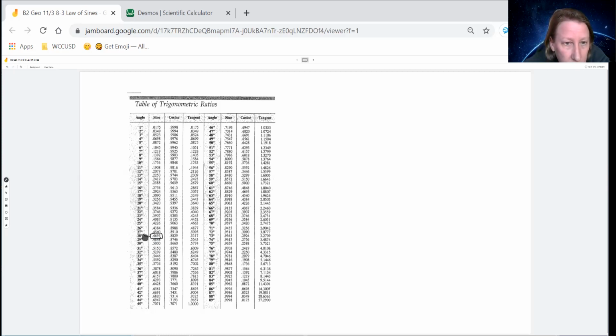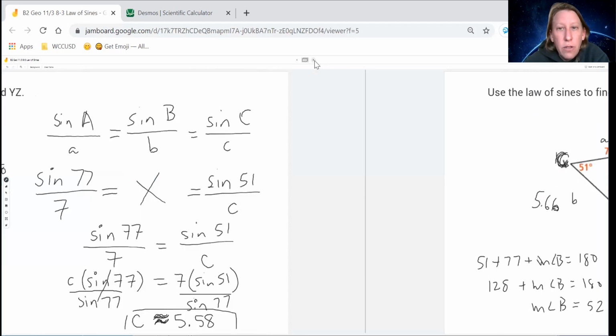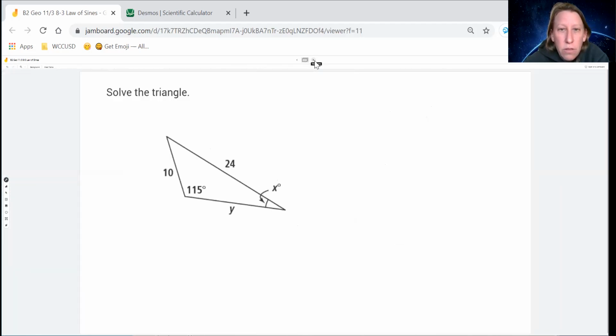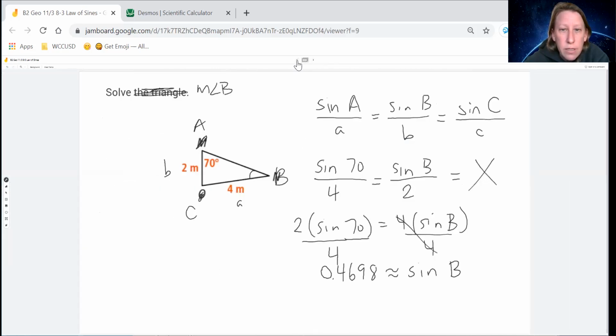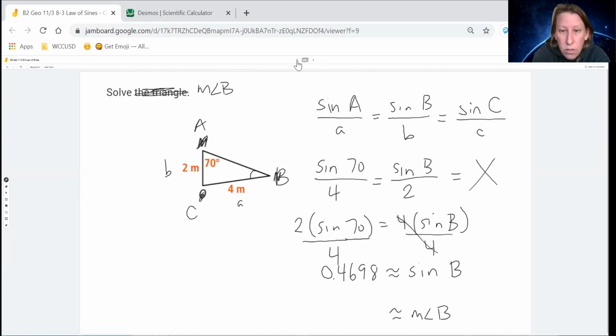This angle. So if you can find it here, you can work the table backwards and find the angle measure. So I'm going to say this is about 28 degrees. That means the measure of angle B is about 28 degrees.